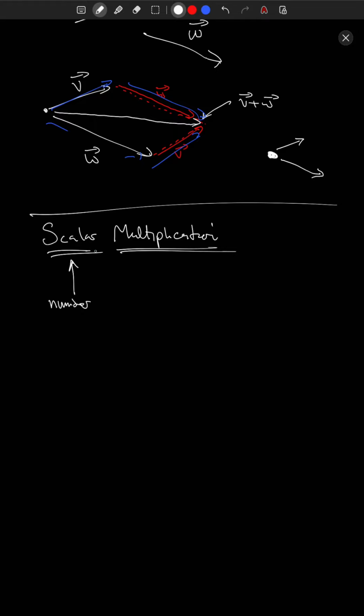Scalar is in contrast to vector, because a vector is not a number. A vector is a length or magnitude and a direction, whereas a scalar is just simply a number. So when we say scalar multiplication, we're going to describe how to multiply a number to a vector.